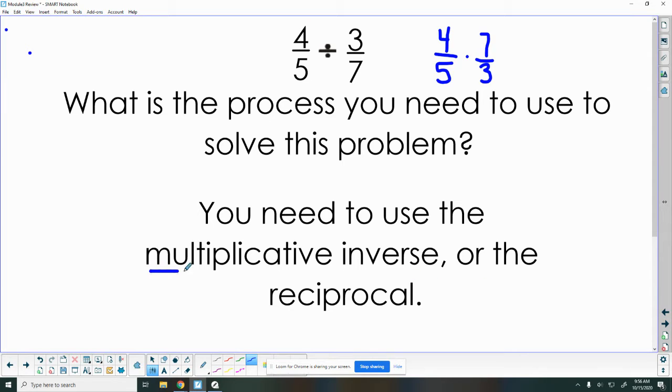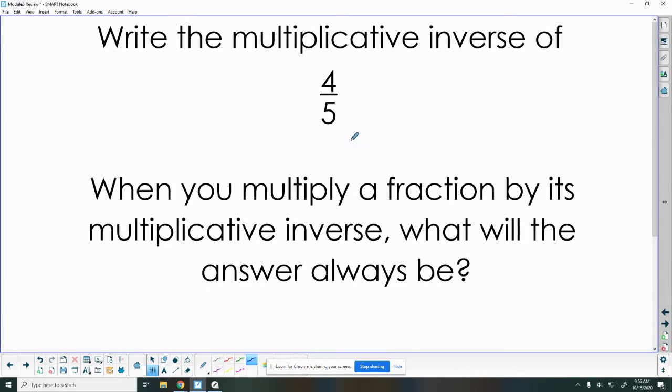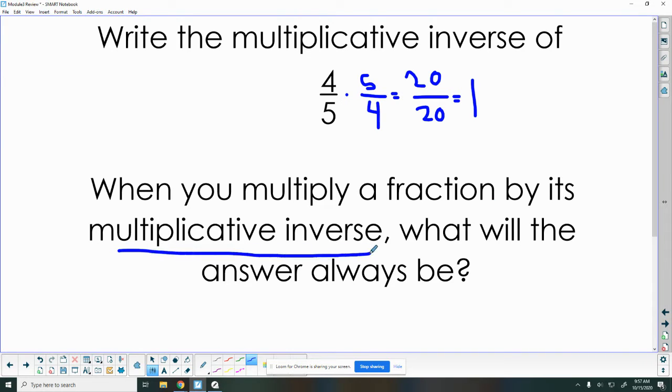Let's take a closer look at what a multiplicative inverse means. We have this fraction here, 4/5. If I write the multiplicative inverse of 4/5, I multiply by 5/4. When I multiply this out, 4 times 5 is 20, and 5 times 4 is also 20. 20 divided by 20 is 1. So when I multiply a fraction by its multiplicative inverse, the answer will always be 1.